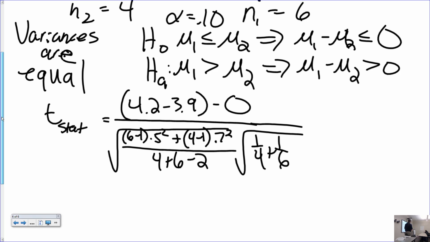You guys, you can do 4 plus 6 minus 2 in your head. 4 and 6 is 10, minus 2 is 8. Don't put that in your calculator. Divided by 8. And divide that by the square root of 1/4 plus 1/6. You guys get 0.797?